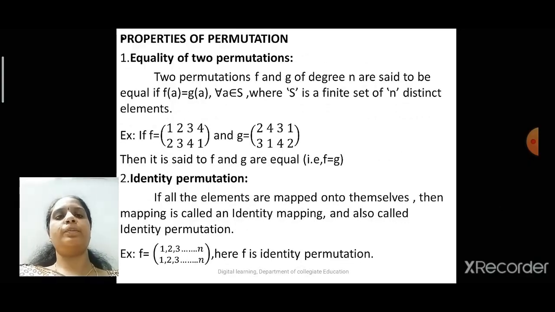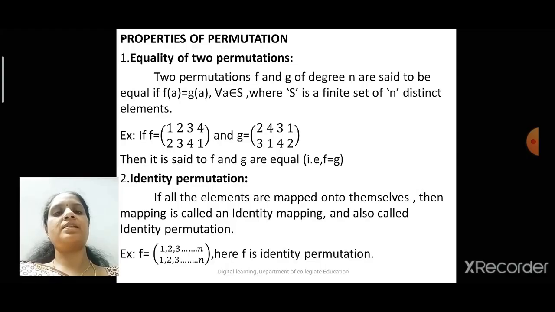Next, properties of the permutation. The first property is the equality of two permutations. Two permutations f and g of degree n are said to be equal if f of a is equal to g of a for all a belonging to S, where S is a finite set of n distinct elements.